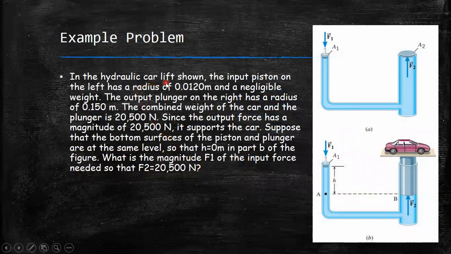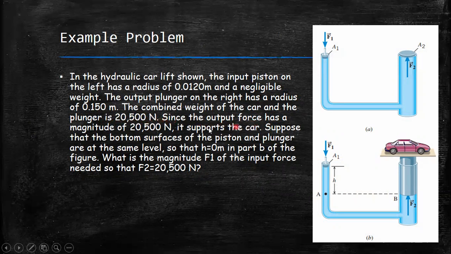In the hydraulic car lift, as shown in the picture, the input piston on the left has a radius of 0.0120 meter and a negligible weight. The output plunger on the right has a radius of 0.150 meter. The combined weight of the car and the plunger is 20,500 Newton.